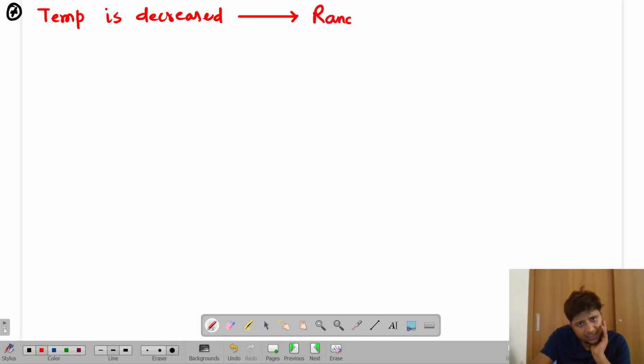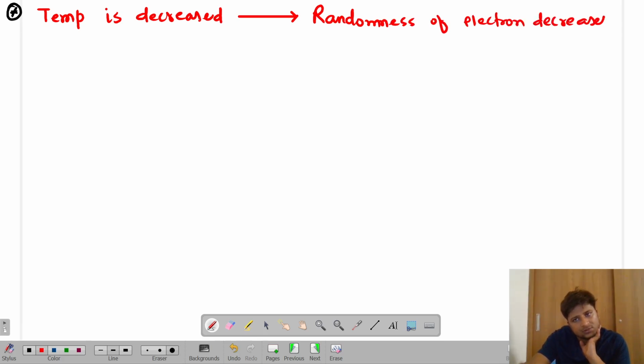Can we say that the randomness of electrons decreases? And if randomness decreases, then what will happen after that? Basically, when randomness decreases, does the collision among the electrons also decrease?